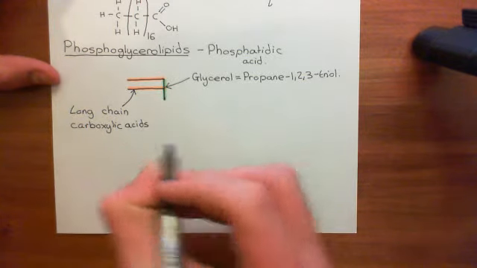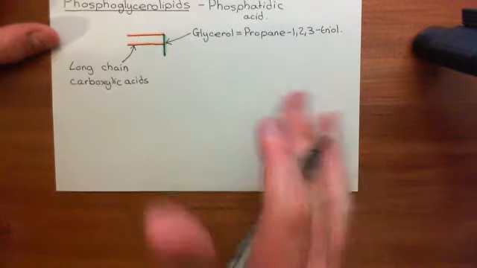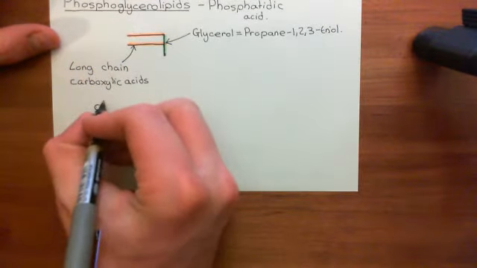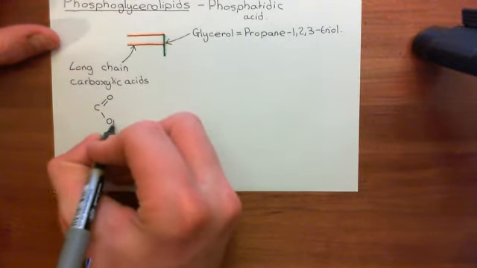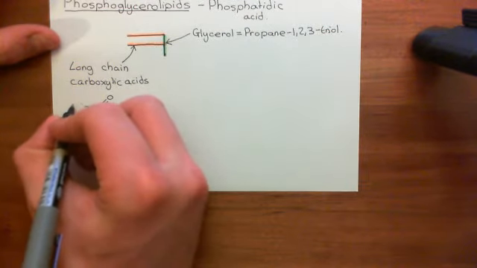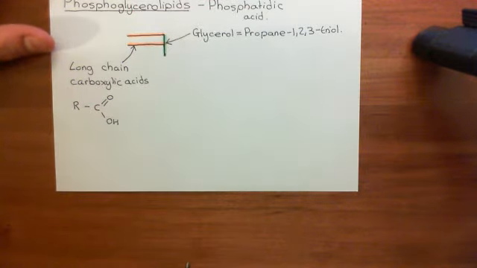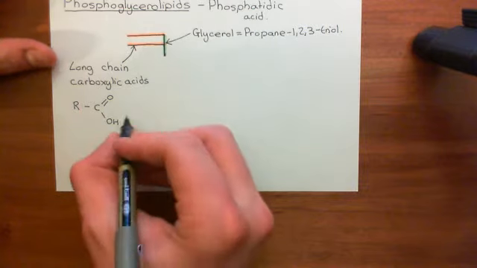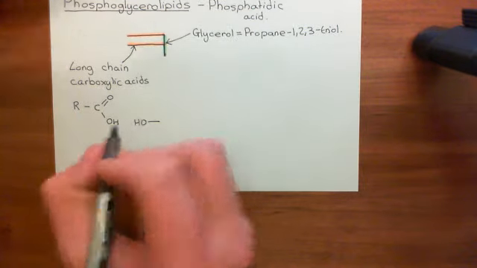Let me just remind you of how esterification reactions work. I'm not going to give you an electronic flow diagram. Here's the carboxylic acid group, and we'll put an R group there to mean an arbitrary side group. And we've then got the alcohol group of our glycerol molecule.